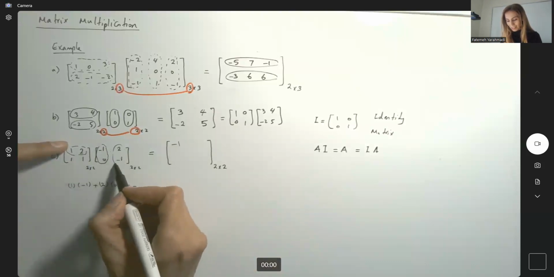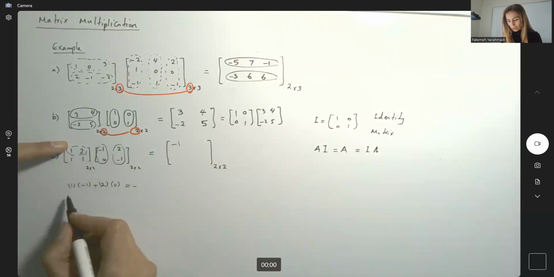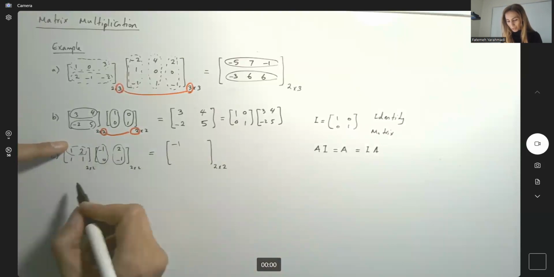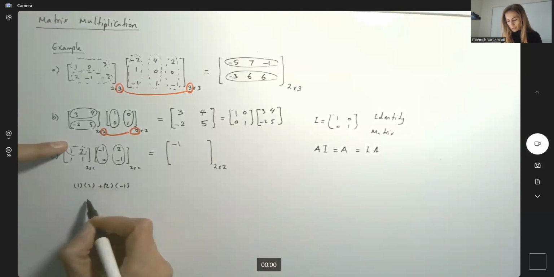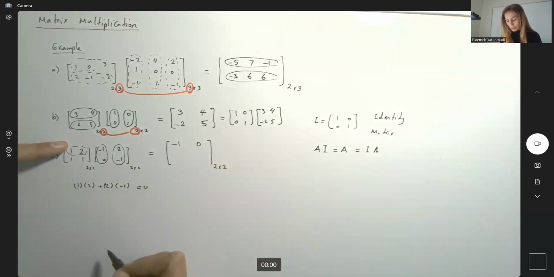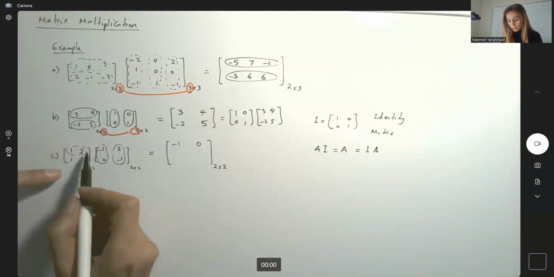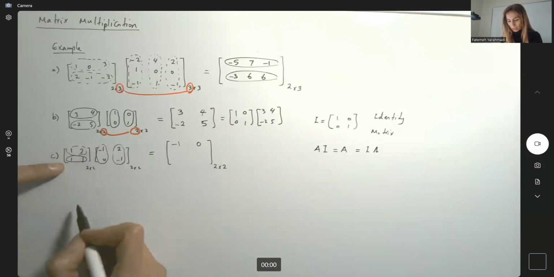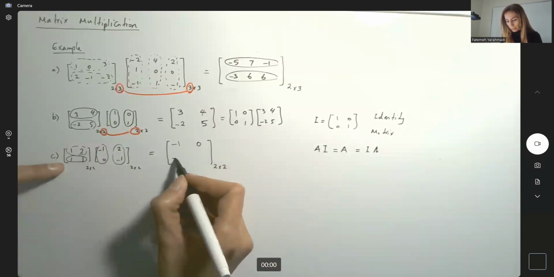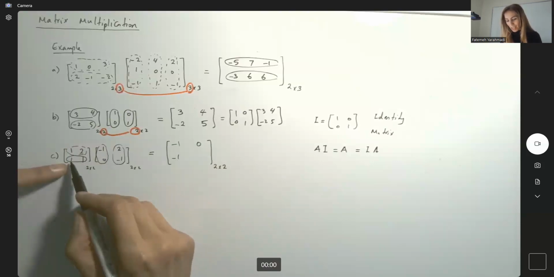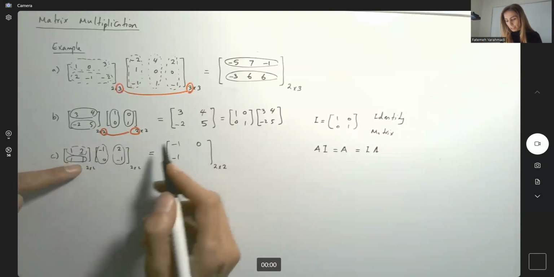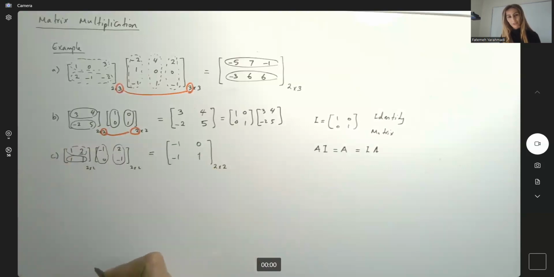Then we'll move on to the second column. 1 times 2 plus 2 times negative 1. This is just 0. And let us move on to the second row. 1 times negative 1 plus 0, negative 1. And then the last row and the second column. 1 times 2, 2 minus 1, 1. This is your new matrix.